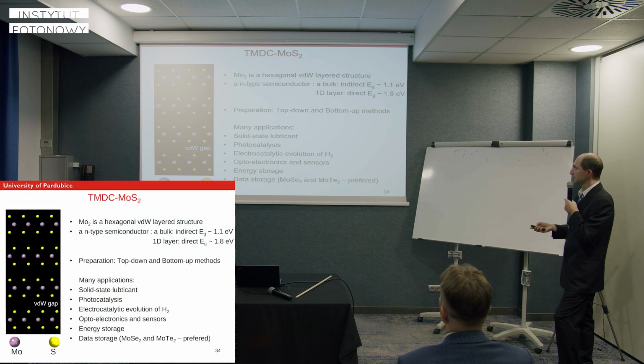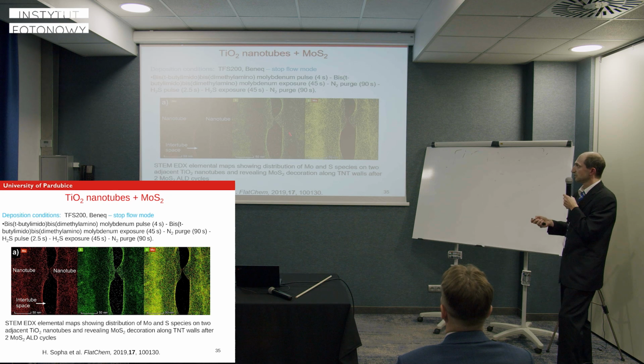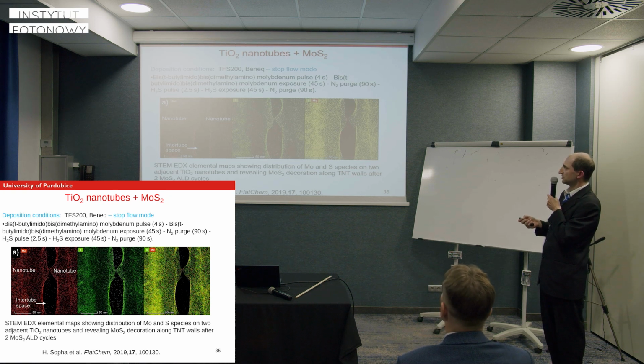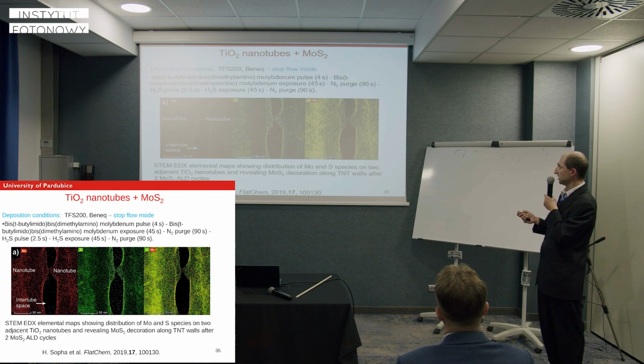Okay. Since our goal was making heterostructures from titanium tubes and molybdenum disulfide, here we also use ALD. This is a precursor for molybdenum, actually, but you can also use molybdenum pentachloride. This is no problem.